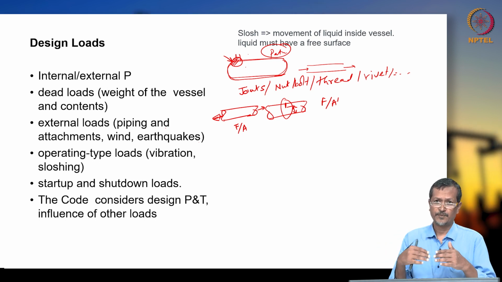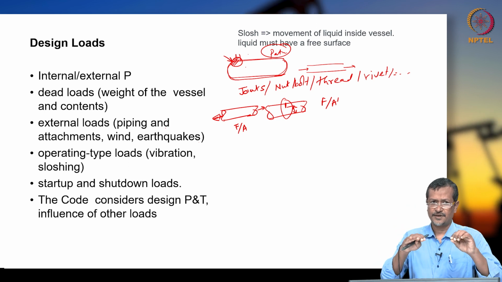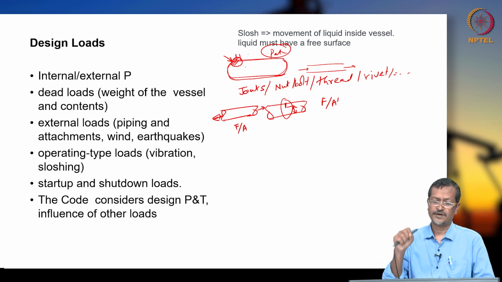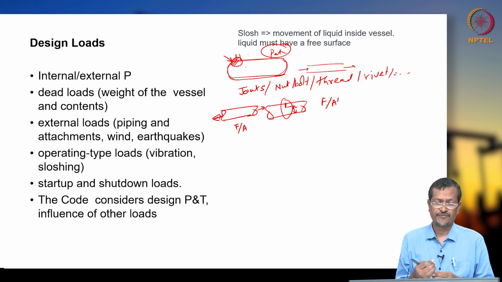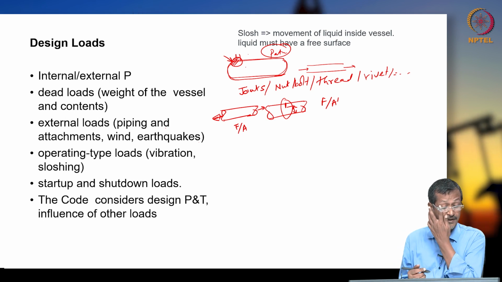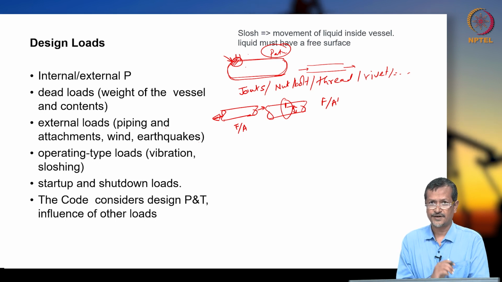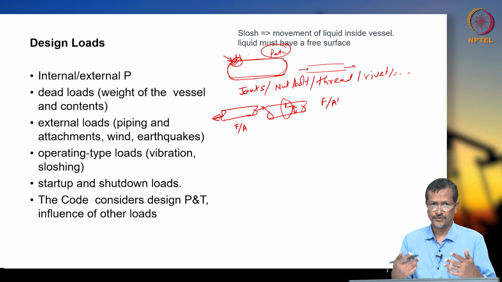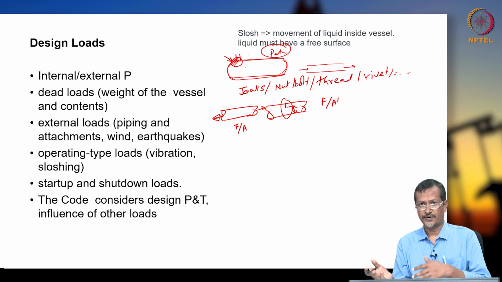Dynamic loading will be more dangerous. Static loading means you are just putting extra pressure, so the system can be safe. But when it is dynamic, the system may not be so efficient, or it can burst or give leakage. Okay, external load, piping, attachment, other things are there, operating conditions are there. So you have to consider all the factors whenever you are designing, buying, or operating a system.